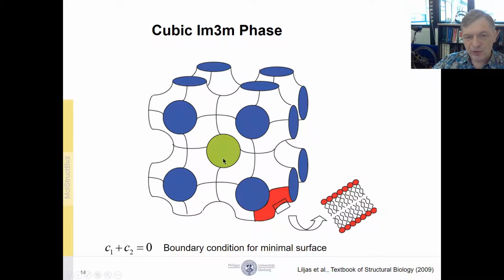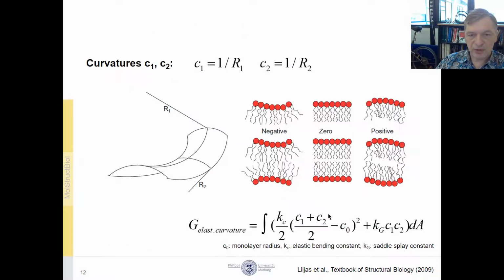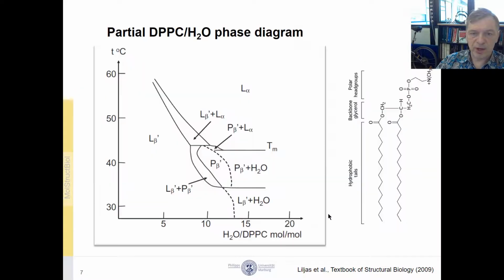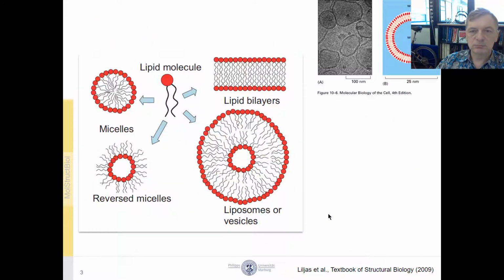Now, this kind of cubic phase has an interesting characteristic. Whereas a lamellar phase separates the aqueous space into two different compartments, a lamellar phase is usually always separating bulk water, for example, in two separate compartments.